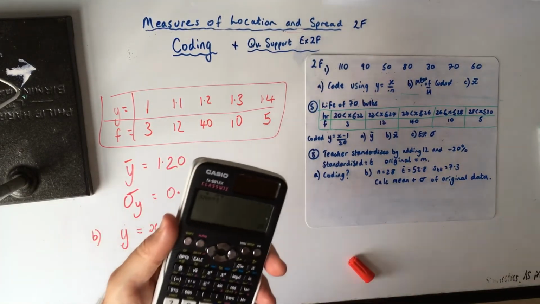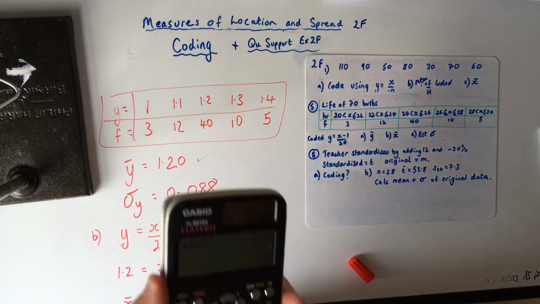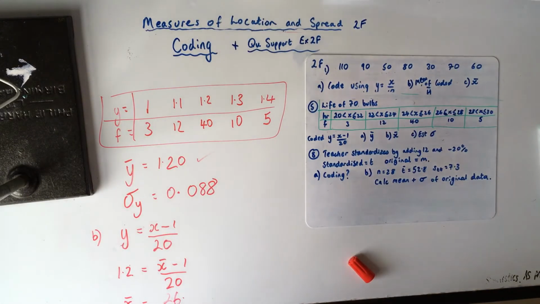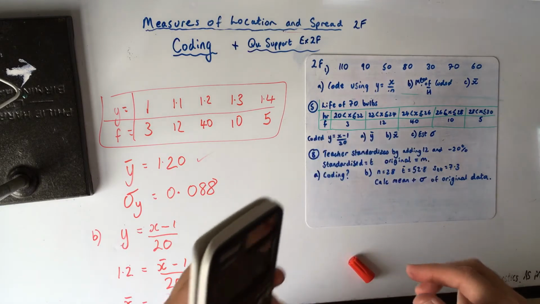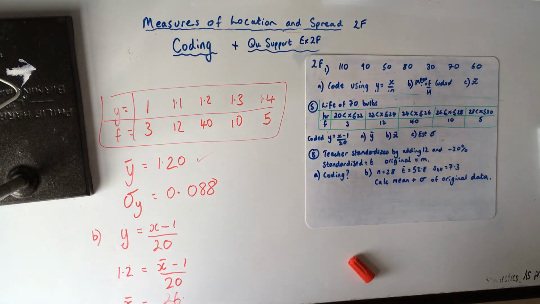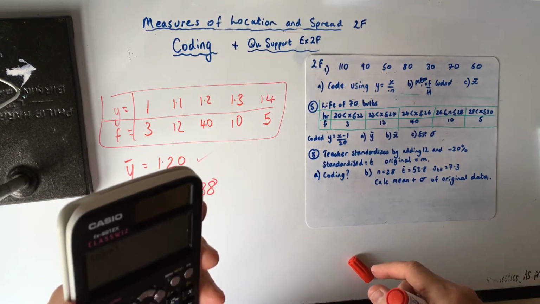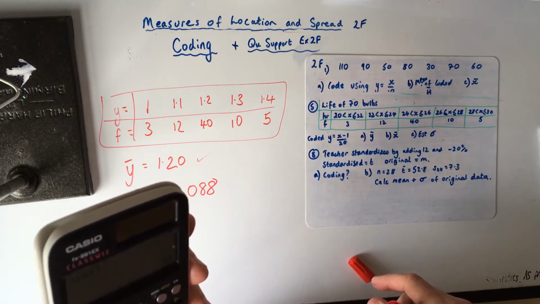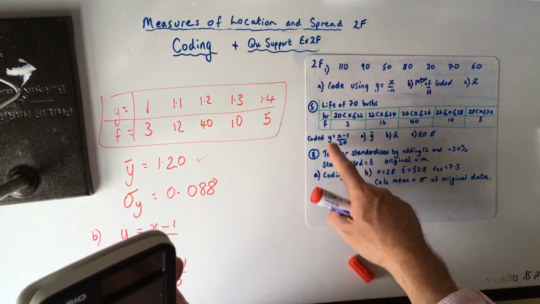Okay, is that right? Can you see that on there? Yeah. And I don't think that's right actually. I don't think I've done that right. What's the code? x minus 1 times 20.